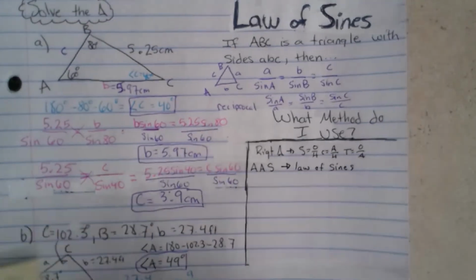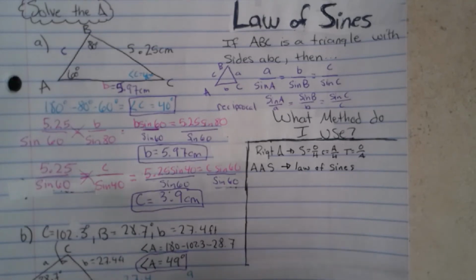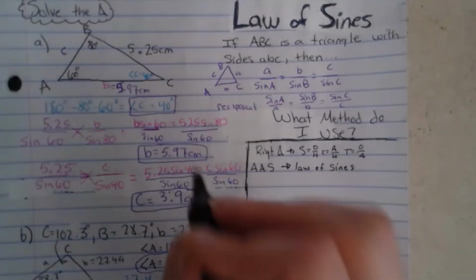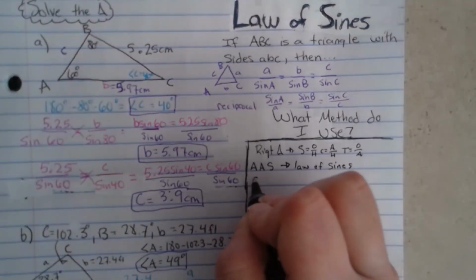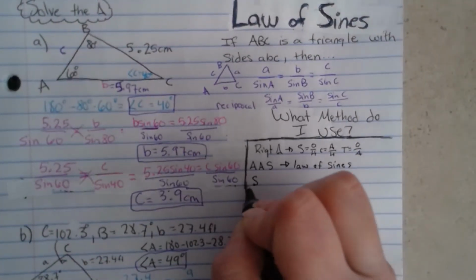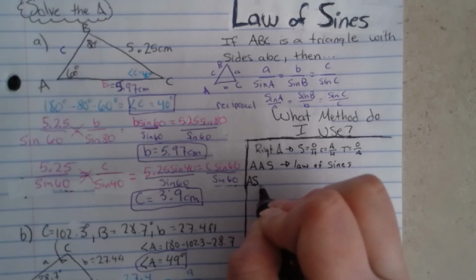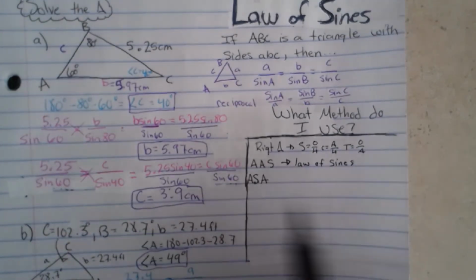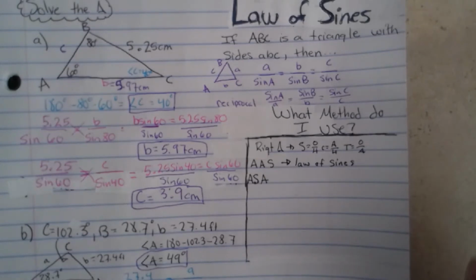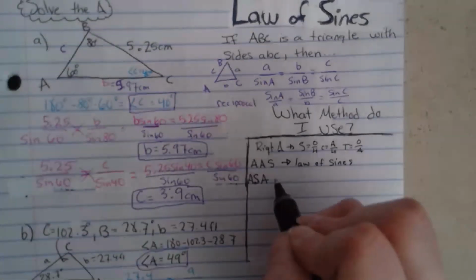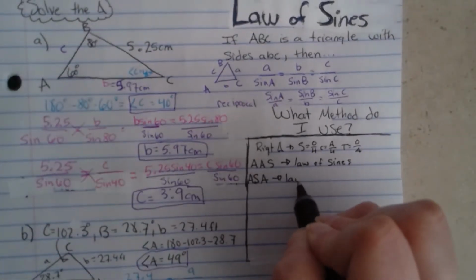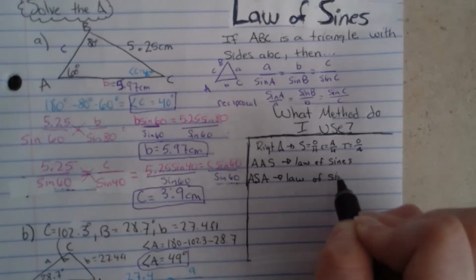In our next example, we were also given an angle, side, so again, we use the law of sines. If we were given an angle, a side, and then an angle, so two angles with a side squished in between, we would use, again, the law of sines.